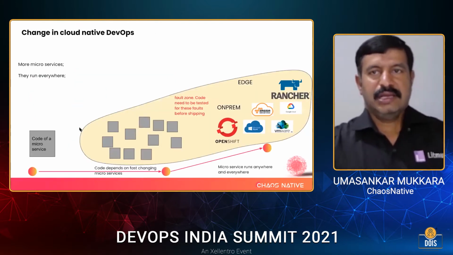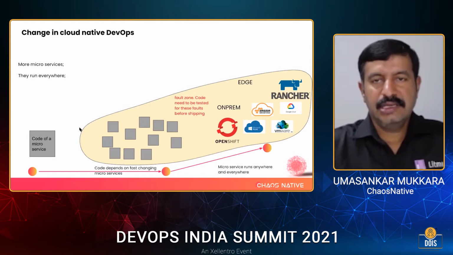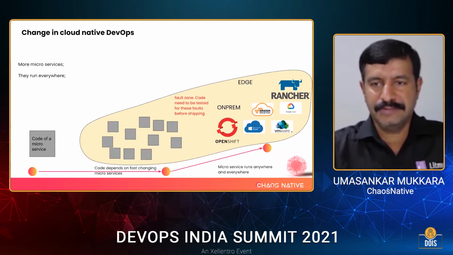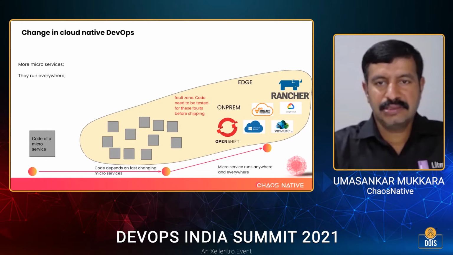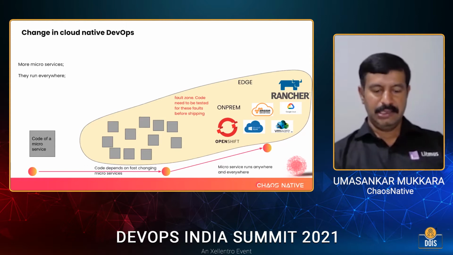And this reliability is really a challenge because of two fundamental changes that are happening in the move to cloud native DevOps. One is too many microservices. Your application is being broken into multiple microservices, and the changes are happening much faster, right? And they can run anywhere.